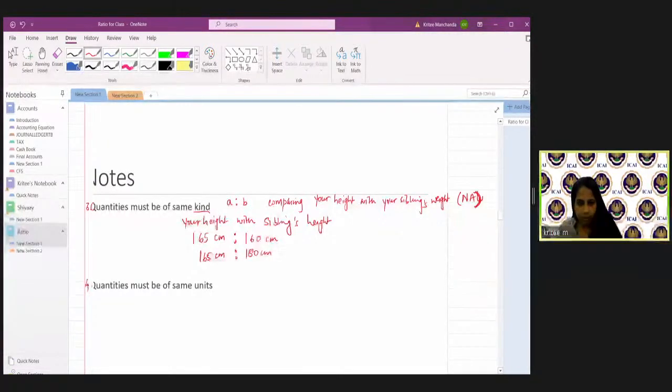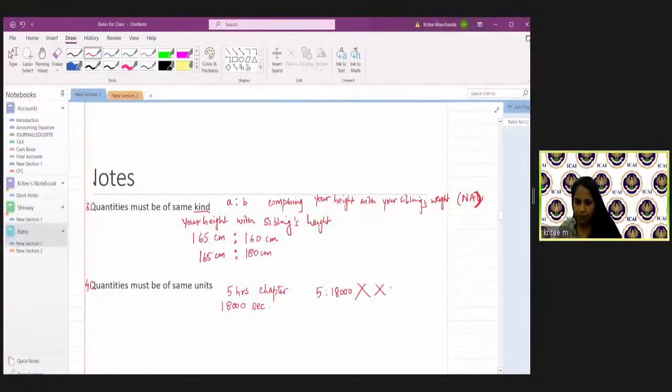The next logical property, I always call it a logical property, is that quantities must be of the same units. What I need to say by this is, I took 5 hours in completing a chapter. I was learning a chapter and I took 5 hours. And you said, I took 18,000 seconds, I have done more hard work than you. So 5 is to 18,000?